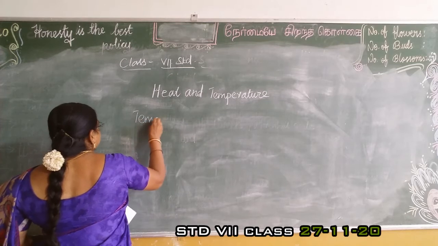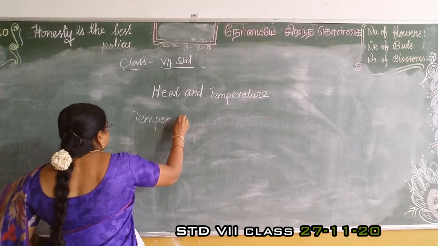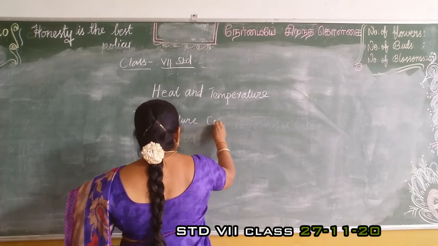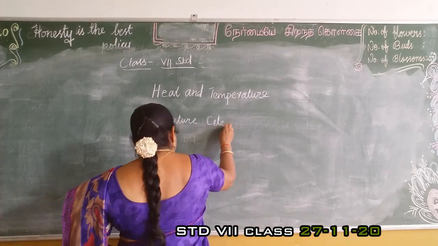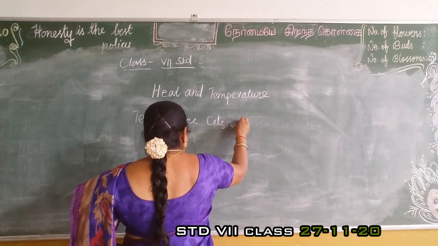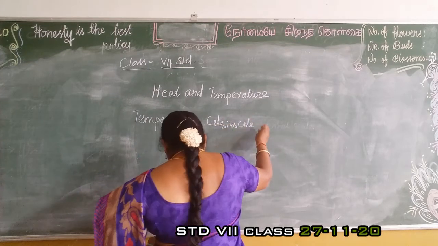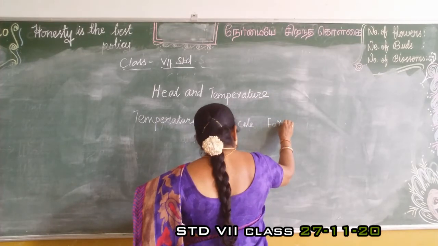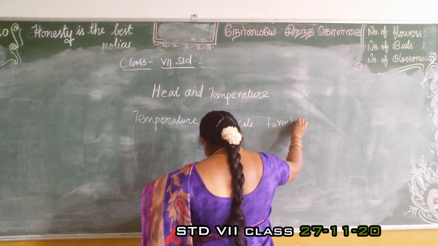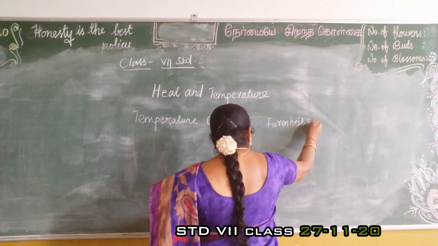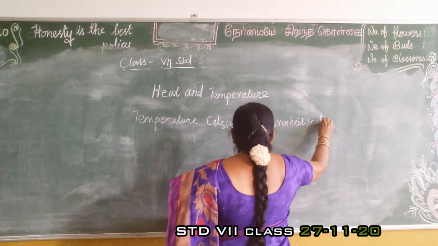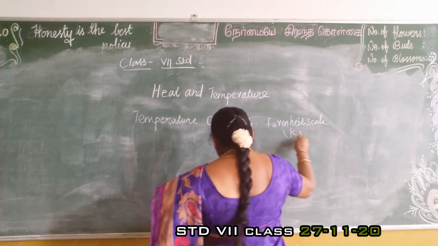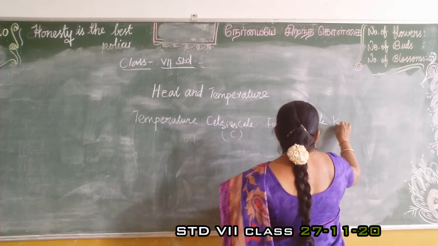The columns are the Celsius scale C, Fahrenheit F, then the Kelvin scale K.